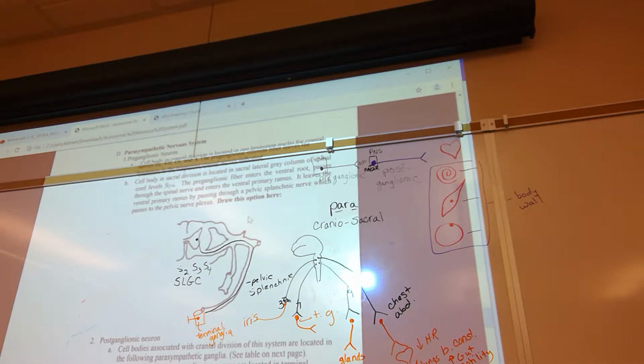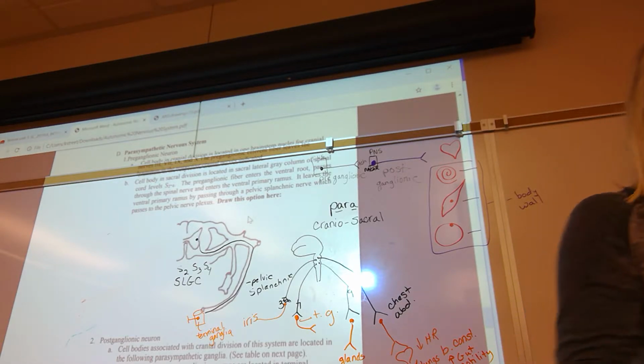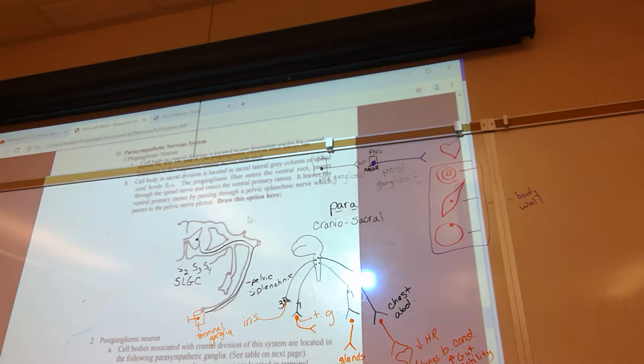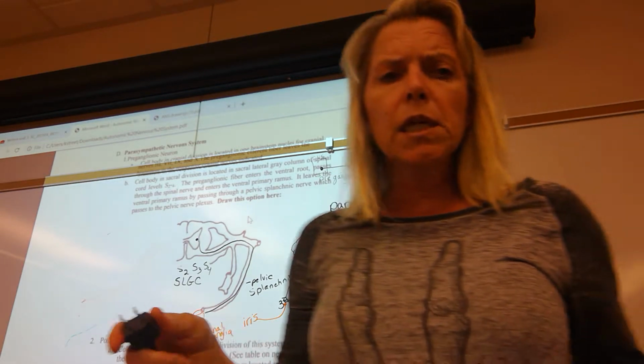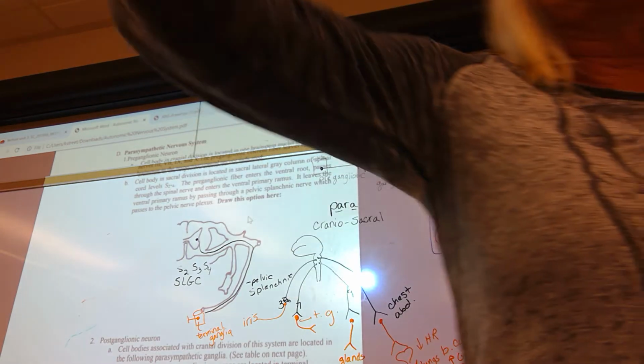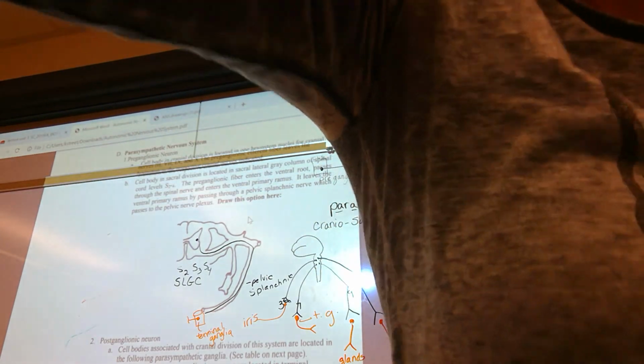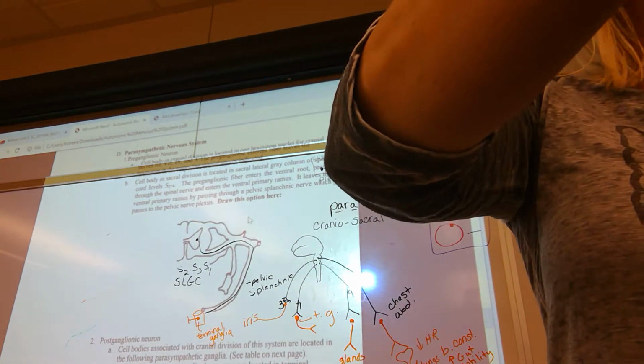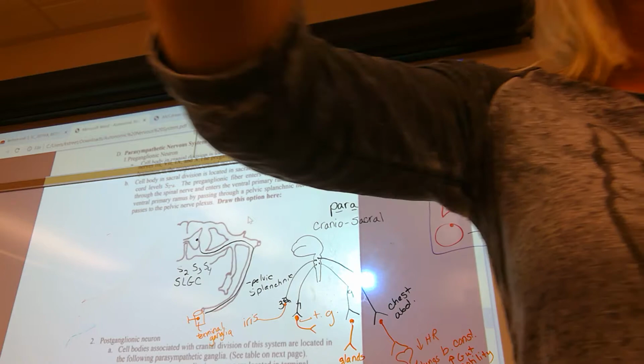Yeah, they had names. And for the collateral, we even got more specific, didn't we? We called them superior mesenteric ganglion, inferior mesenteric ganglion. But for parasympathetic, like I said, it's much simpler. We just call them all terminal ganglia. That's what we call them.